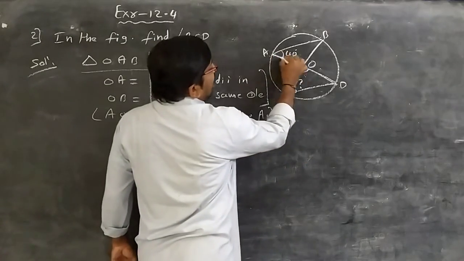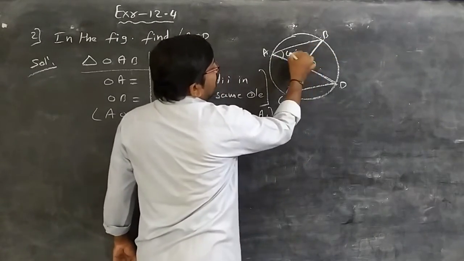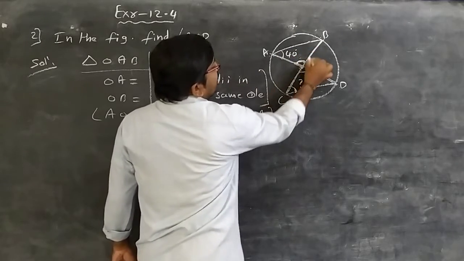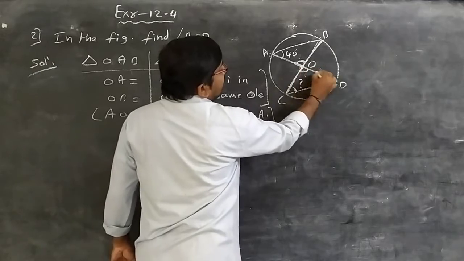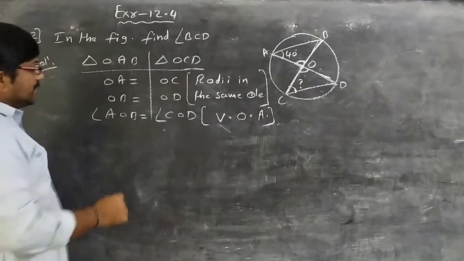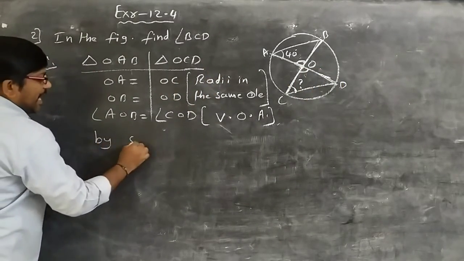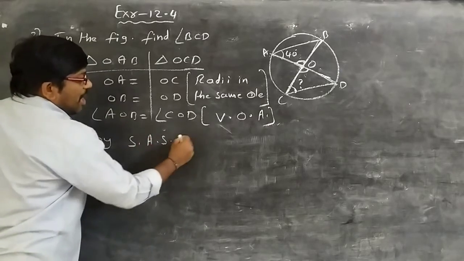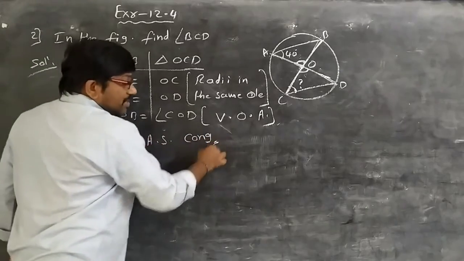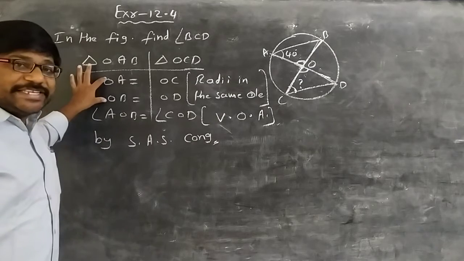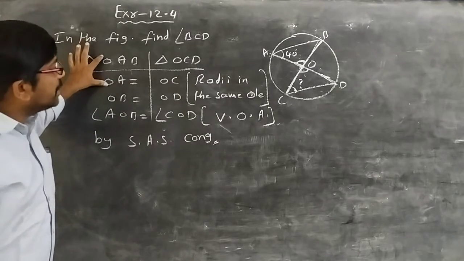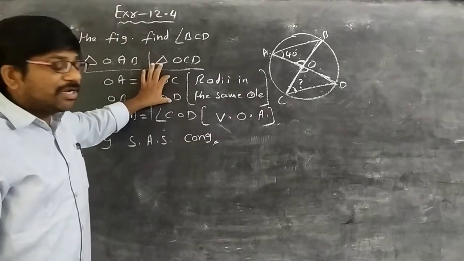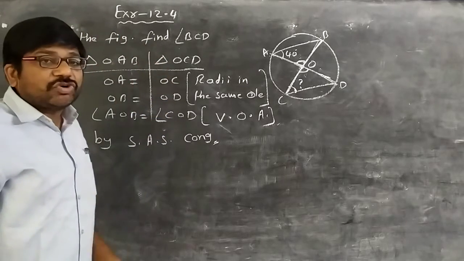See, side angle side. In this triangle, side, angle, side are respectively equal to side, angle, side, meaning SAS congruency. So two sides and the included angle of the first triangle are respectively equal to two sides and the included angle of the second triangle.